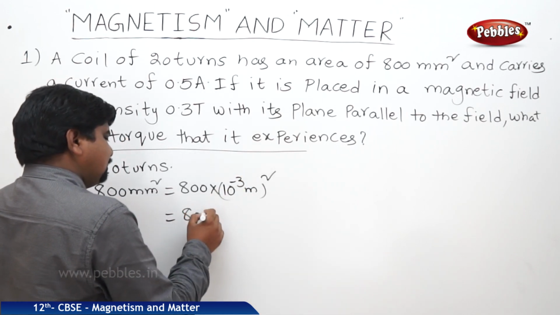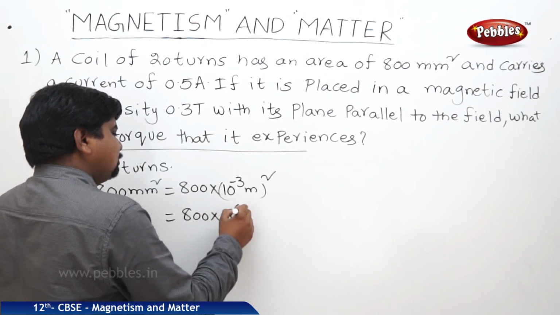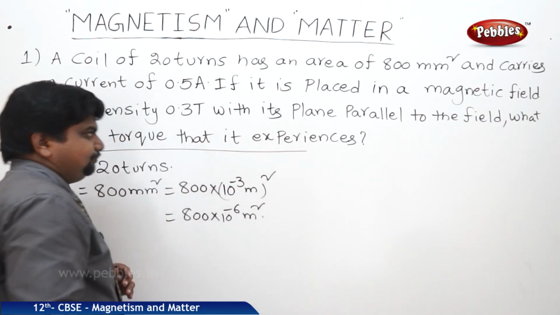It will be 800 into 10 to the power of minus 6 meter square.